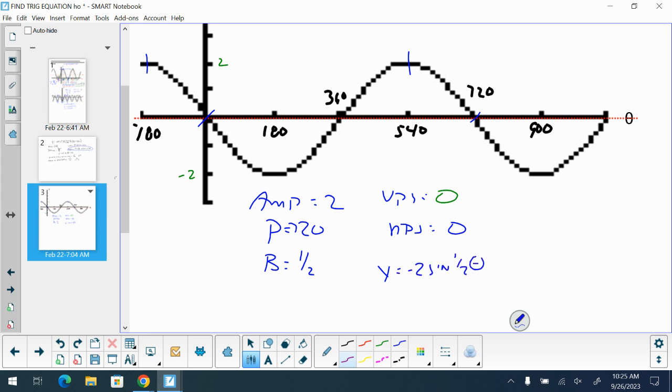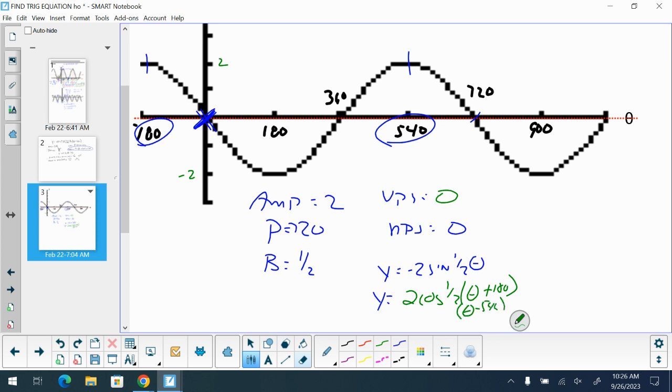Sort of cleans it up a little bit, even though it's not a cosine curve, it's going down, so it's a negative sine there. But if you use -180, that would be fine. 540, that would be fine. Y is equal to 2 cosine of 1/2 theta plus 180, or theta minus 540.